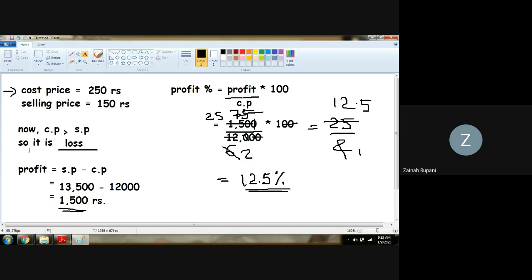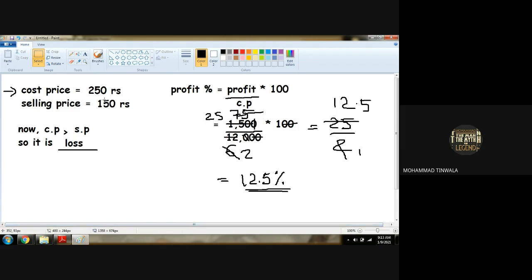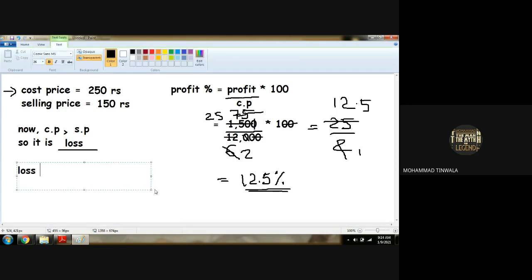Okay, so I will remove all this and write the new formula of loss. What is the formula of loss? Loss is equal to CP minus SP.